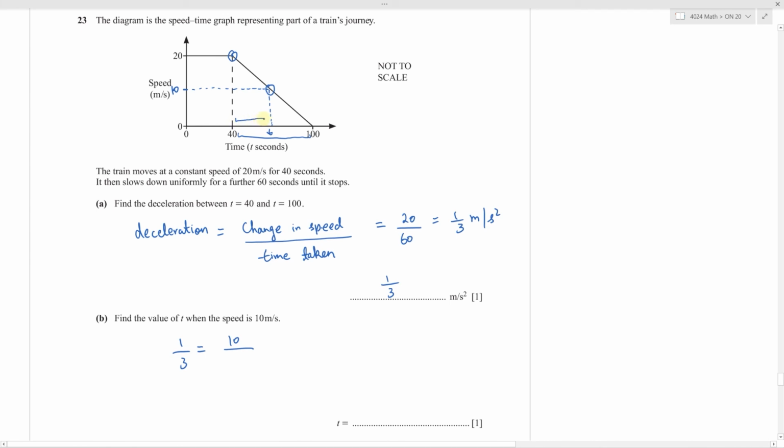Like in the previous part, where you did 100 minus 40, to calculate this interval here you will do t minus 40. So this will be your gradient, which is the deceleration. I will cross multiply. I will get t minus 40 equals 30. And this will give me t equals 70. So the value of t is 70.